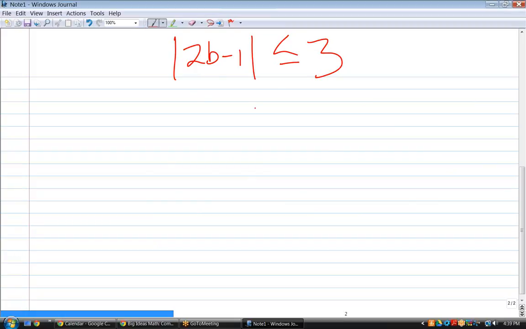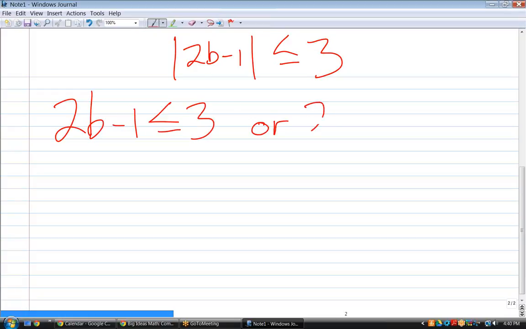So the first thing we can tell is what? 2b minus 1 is what? In other words, just remove the absolute value signs for the first part. Second part, the OR part, also remove the absolute value signs.